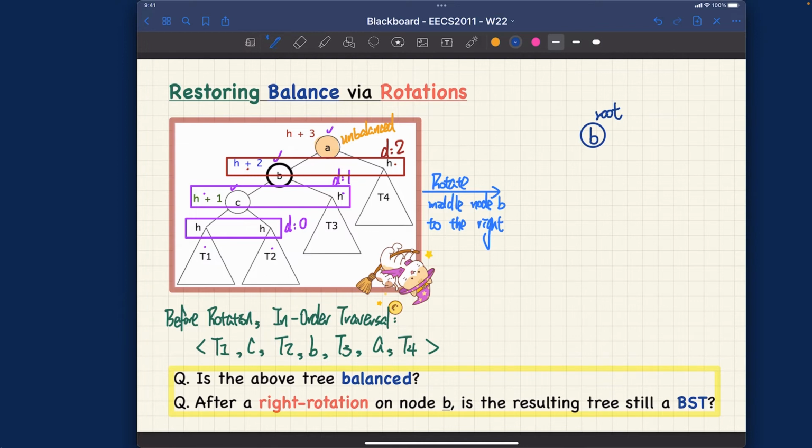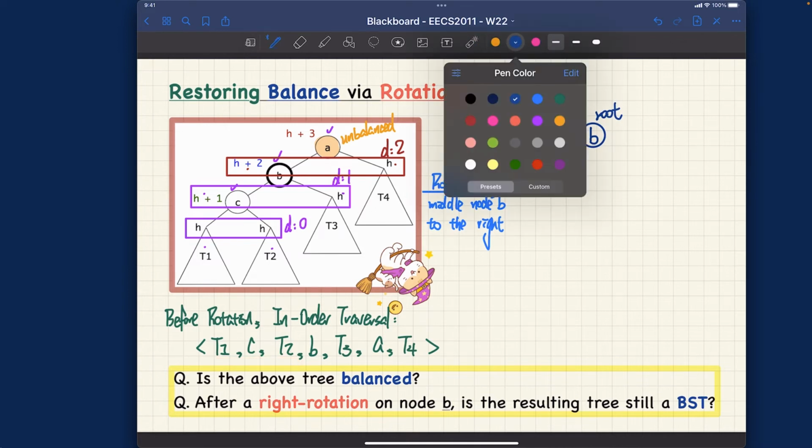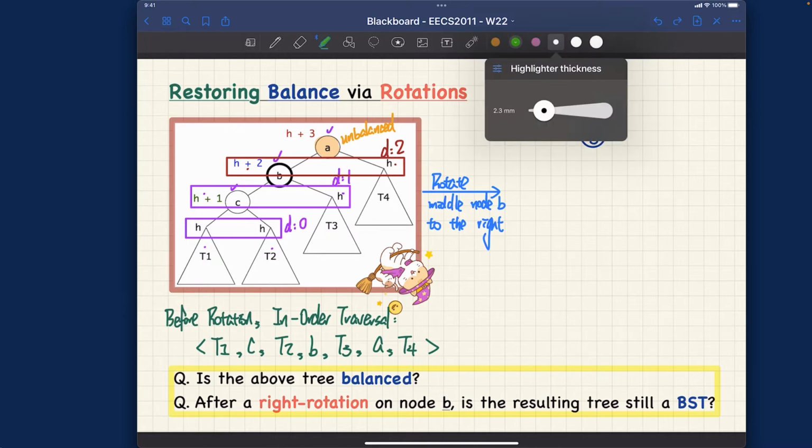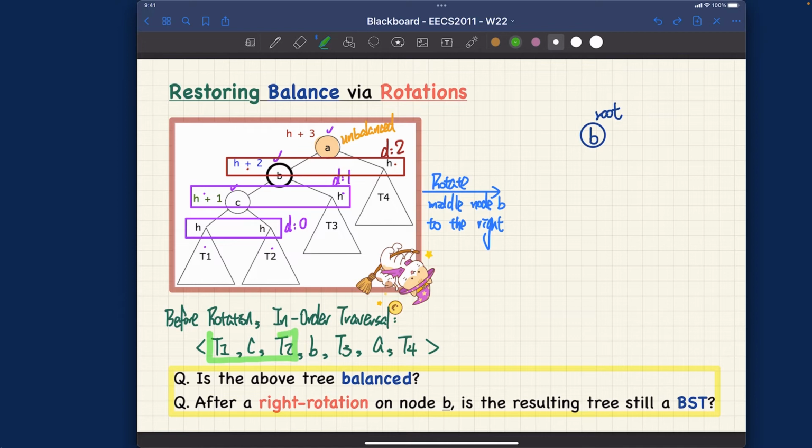Everything else should be done in a way that is consistent with the in-order traversal, because we know that what comes before B will be T1, C, and T2. You can see this should be the left subtree: T1, C, and T2. And after B will be T3, A, and T4.